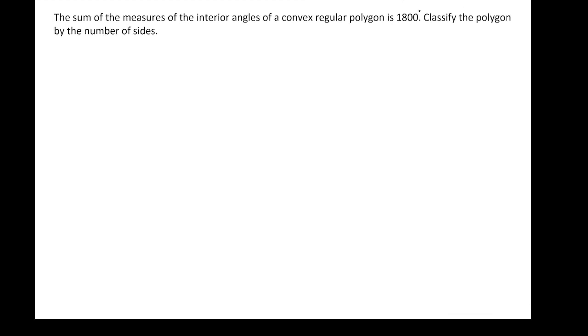So we're going to work backwards here. What are we solving for? Well, we're solving for n in this case, because we're going to say 180 times n minus 2, the number of sides, that's what n stands for, and that equals in the end 1,800.